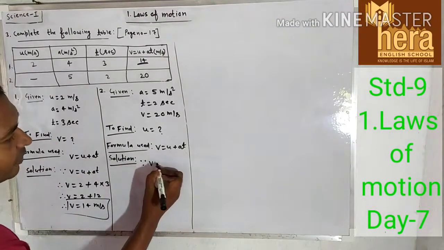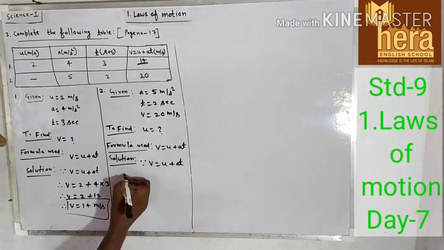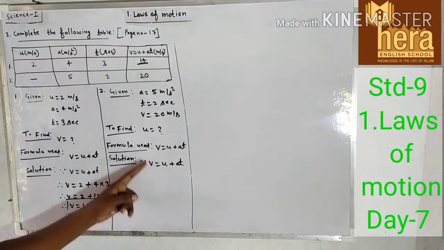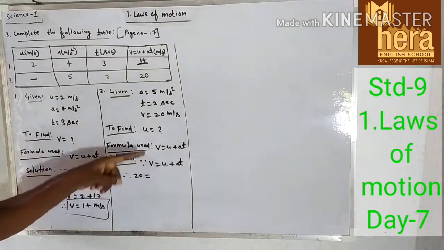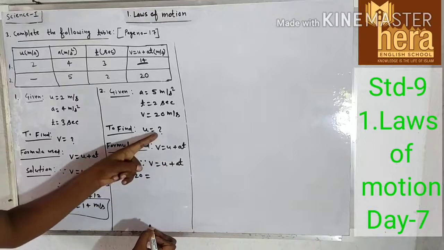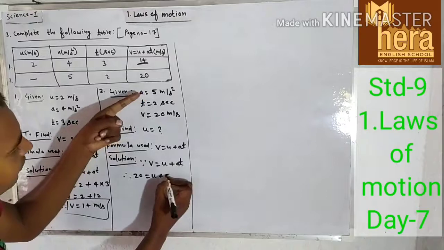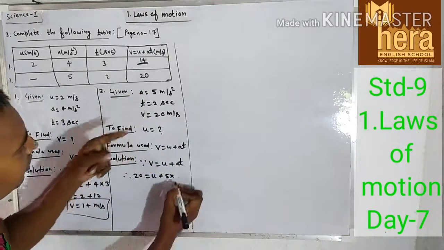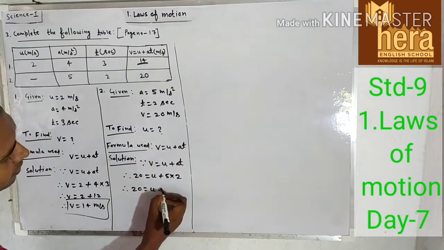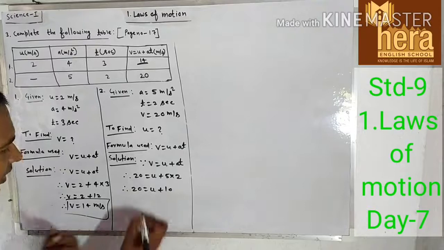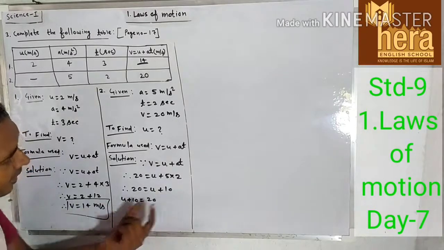Since V is equal to U plus AT, therefore in place of V, we have got 20. 20 is equal to U, U we have to find. So right here, U plus AT. A is equal to 5 into T is 2. Therefore 20 is equal to U plus 10. So we can write here U plus 10 is equal to 20.